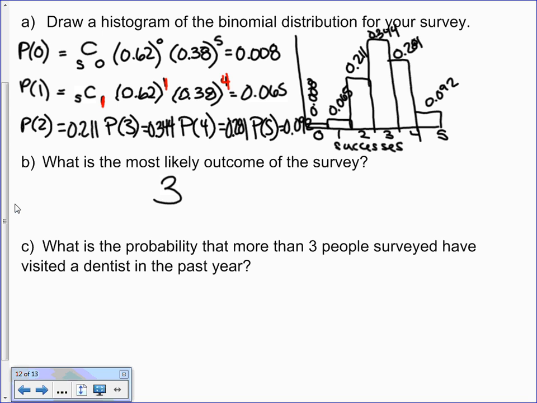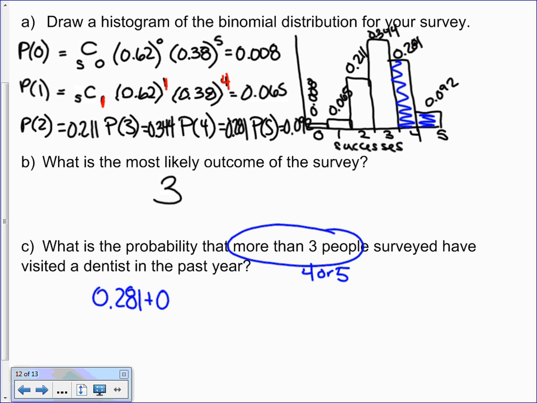Okay. So I'm looking at these two columns, the 4 column and the 5 column, because those are more than 3. What do you suppose you might do with those probabilities? Add them together. That's all you gotta do. 0.281 plus 0.092. 0.373.